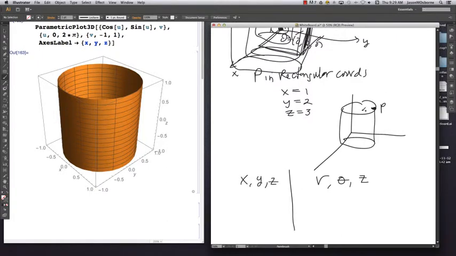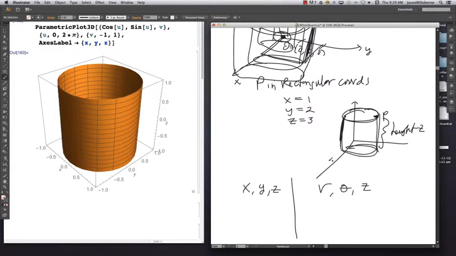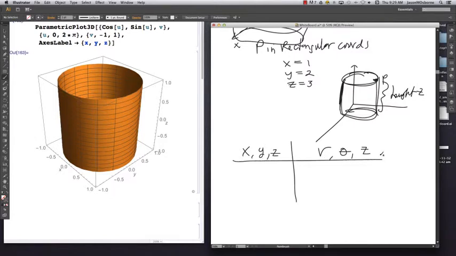Now, it was very convenient that we're so used to that z being up that it's so natural to just draw our cylinders with a height of z. And this is where this parametric plot comes in. This is only the plot of a cylinder with u as the angle variable and v the height. So if you have a point P and you want to write it in rectangular coordinates, you would just set the x variable to be some number, y variable to be some number, and z to be some number.